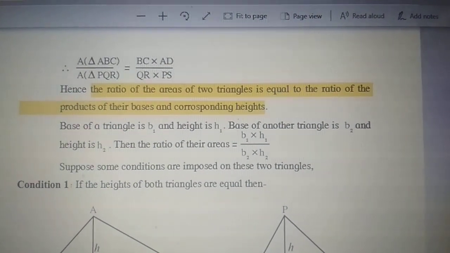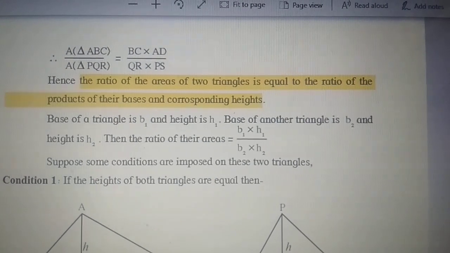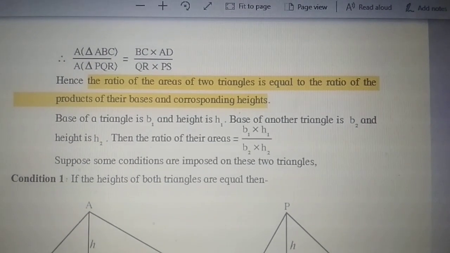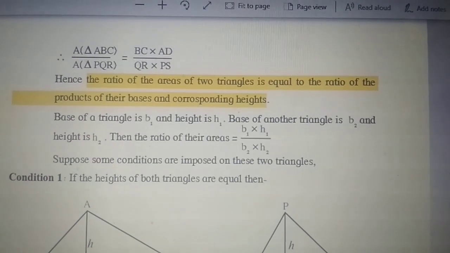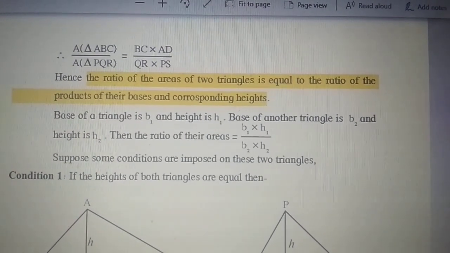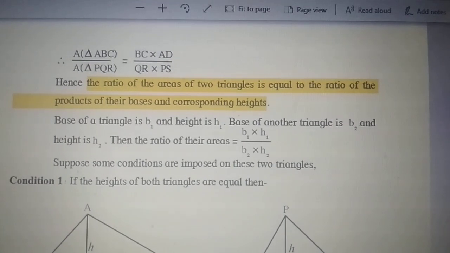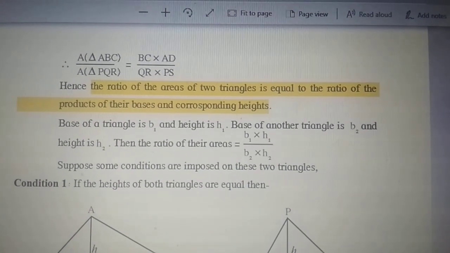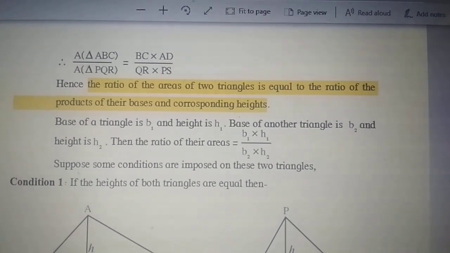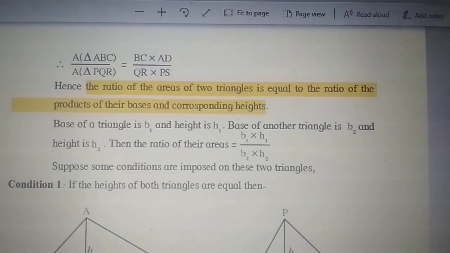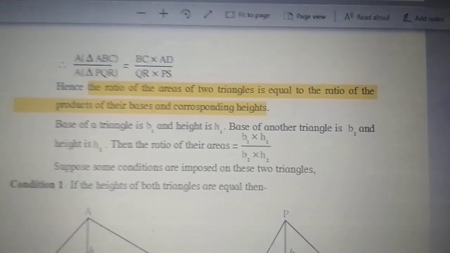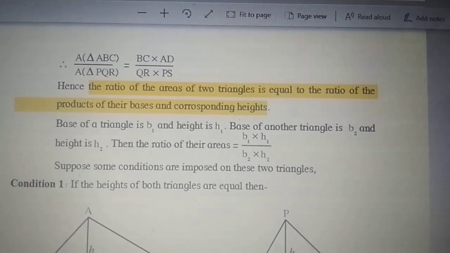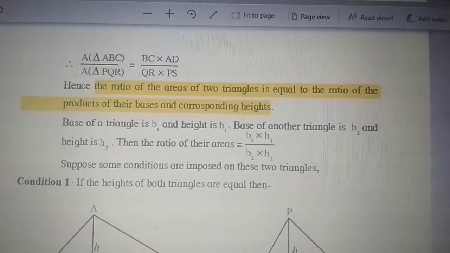Here the first property is: the ratio of the areas of two triangles is equal to the ratio of the product of their bases and corresponding heights. Properties of areas of two triangles: the ratio of the areas of any two triangles is equal to the ratio of the product of their bases and corresponding heights.